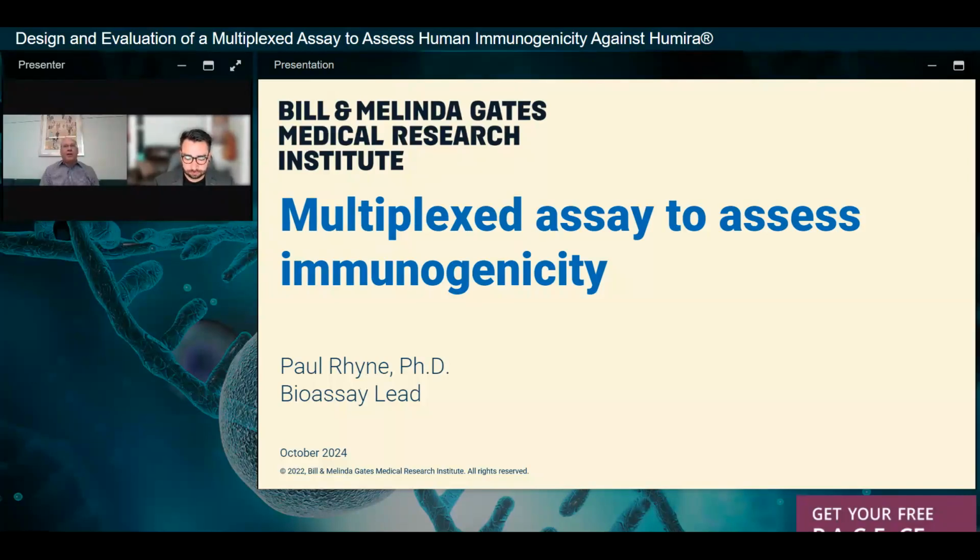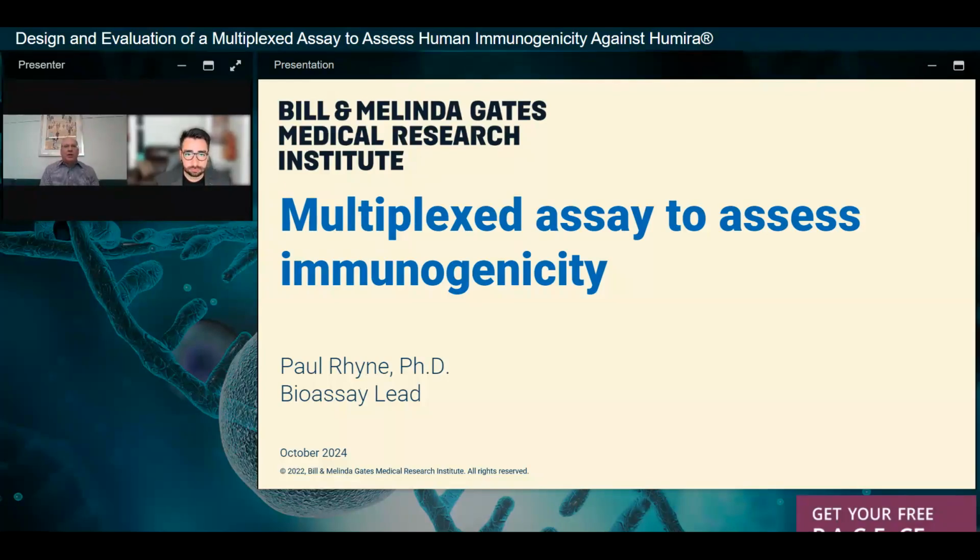If there's a safety concern with some of these drug programs, or a particular safety concern with anti-drug antibodies for a given program, using a multiplex approach might get you there faster and get you there with better data, so you'll have more data to complete that picture for whatever question is being asked.